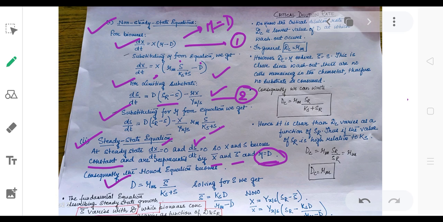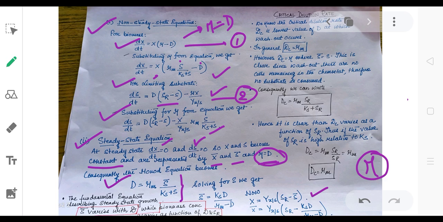Now the question is, for steady state, the cell concentration part is done. Now for substrate concentration, x is equal to yx by s into sr minus s. So here we have not got any value of mu. So how will you relate this with the Monod's equation, right?